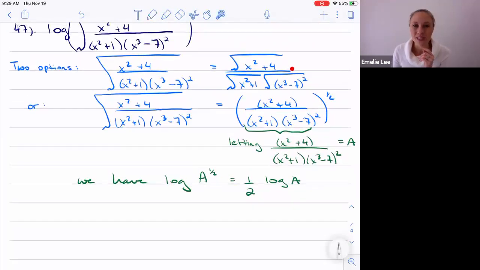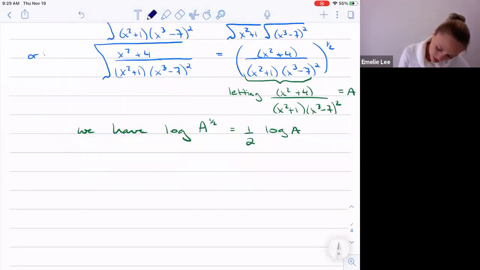If you prefer to use this one, that's fine, right? But then you'd have to remember that, okay, I've got a power of 1/2 on each of these, except for this one because it would cancel, right? The square root of a square is just itself, right? And so, but let's use this one because then we can get that square root out of the way.